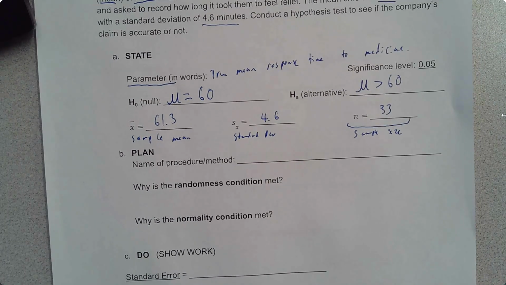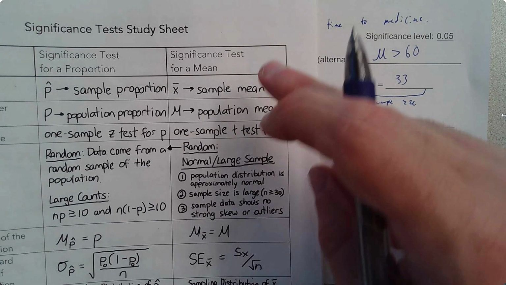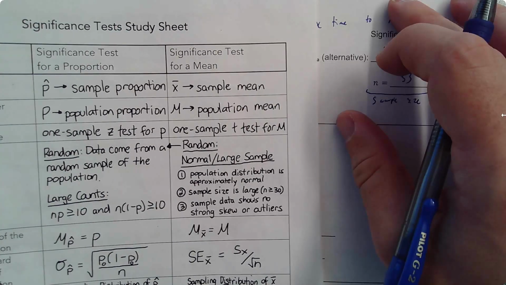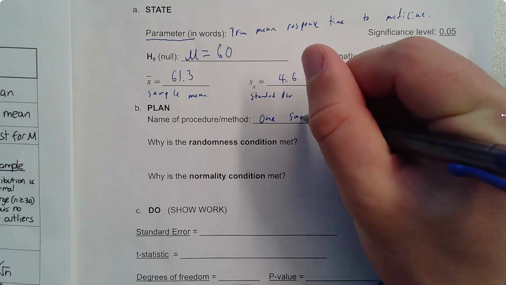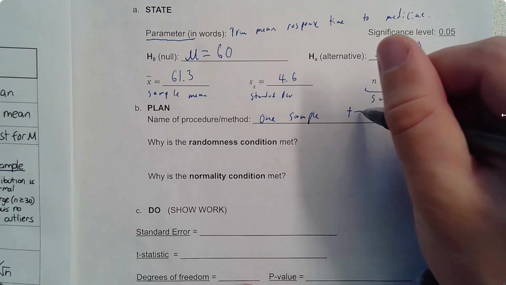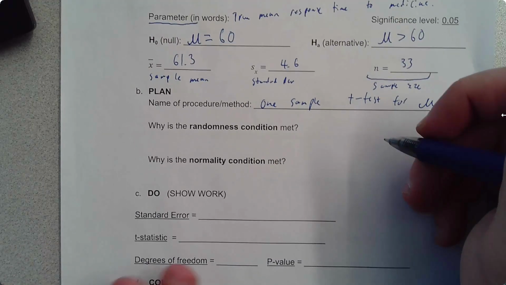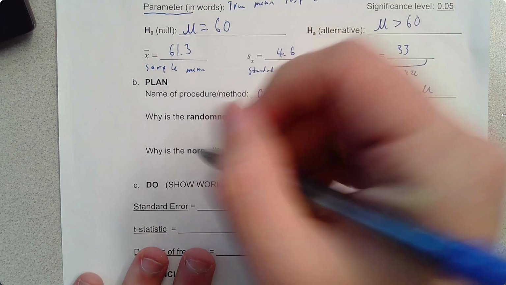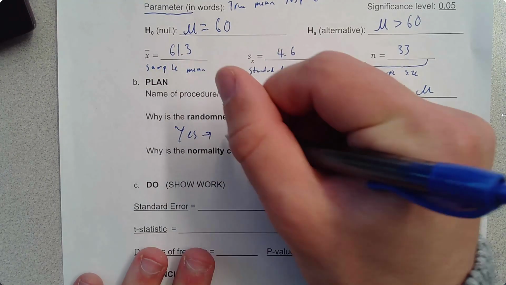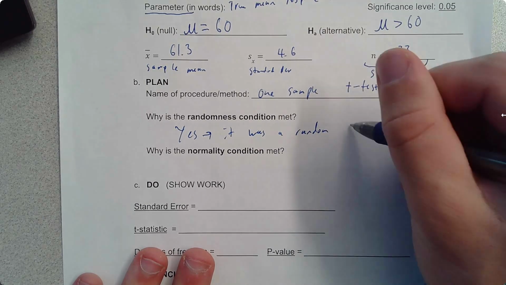Plan, name of the procedure. So now that I know it's a mean, I'm just going to follow my steps here for mean. So it's a one sample t-test for mu. Is the random condition met? Well, it says that they took a random sample. Yes, it was a random sample.